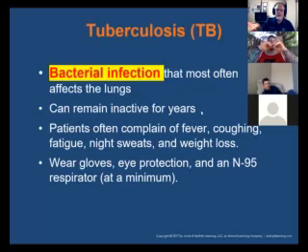And fortunately, we still don't see it as much as they did then. But those HIV infections caused us to start seeing something that we hadn't seen much of for years. So how do these patients present? They present with fever, coughing, fatigue, night sweats, weight loss.